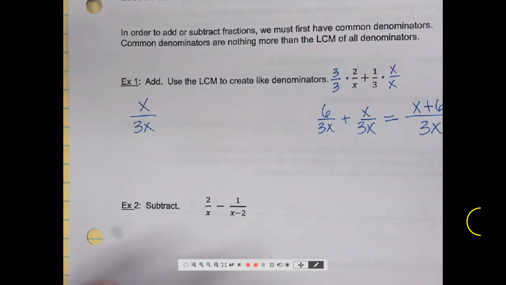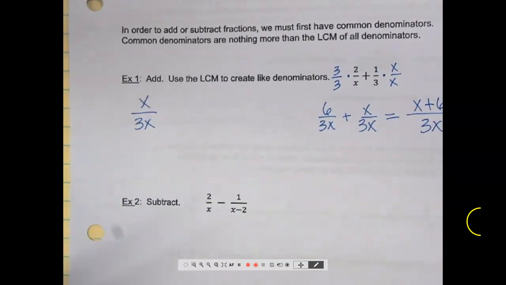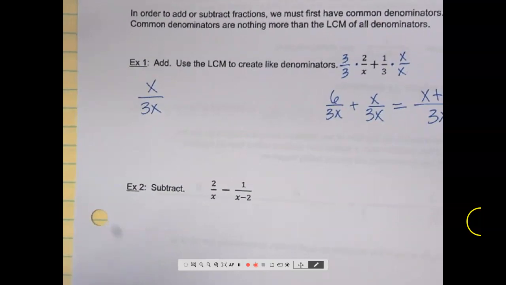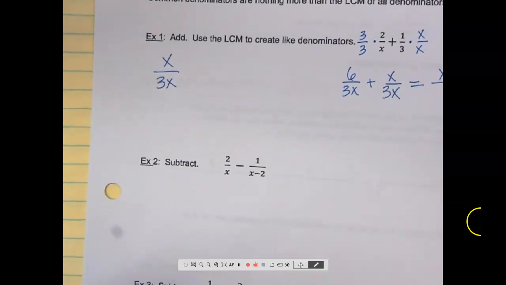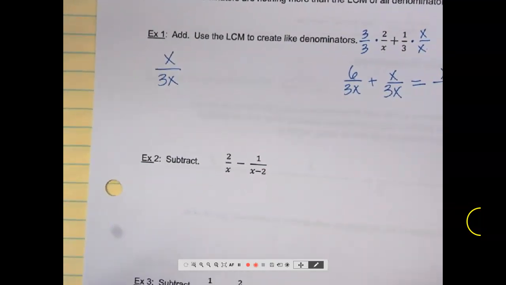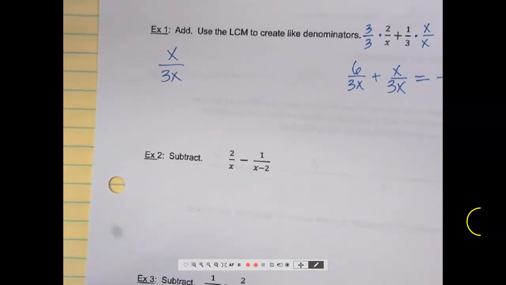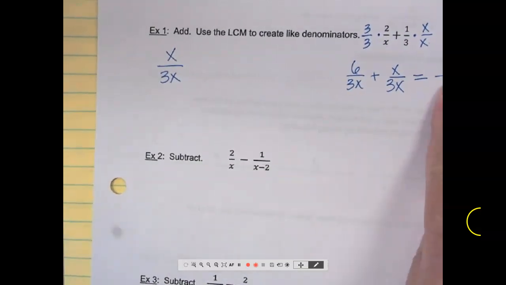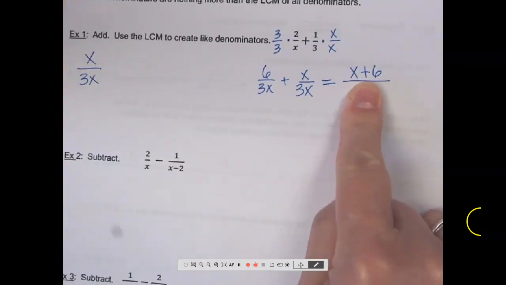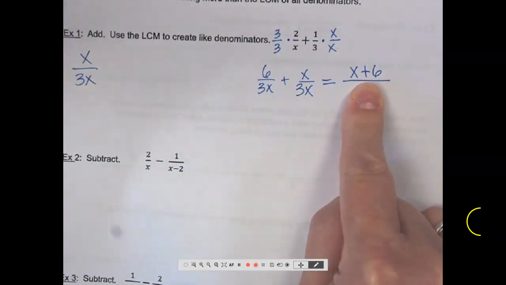Yes. Okay, so before you start slashing and canceling things, ask yourself, if I cancel this x, is it a common factor? What are factors? Things that are multiplied. Okay, factors are things that are multiplied. So look at that numerator. Can I factor anything out of that other than 1?